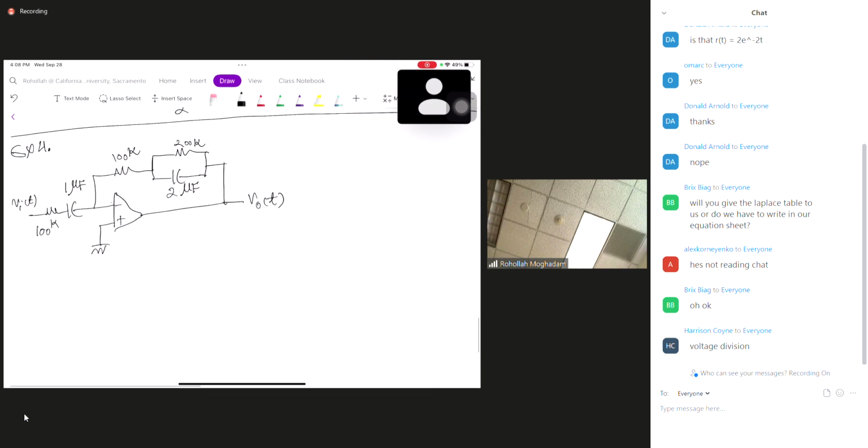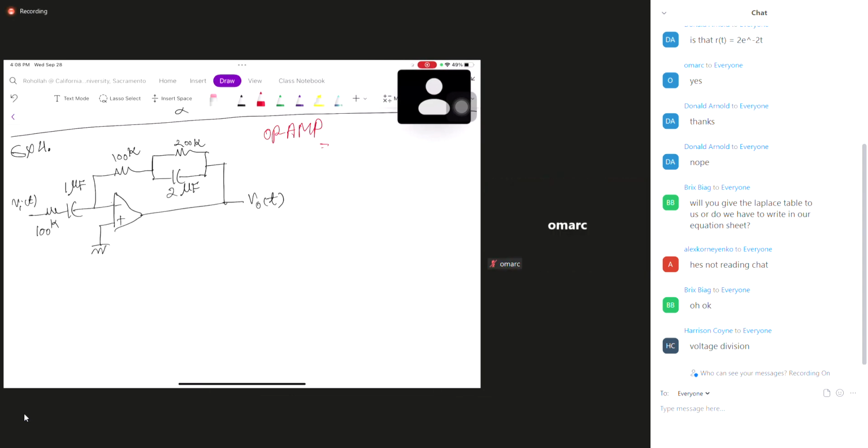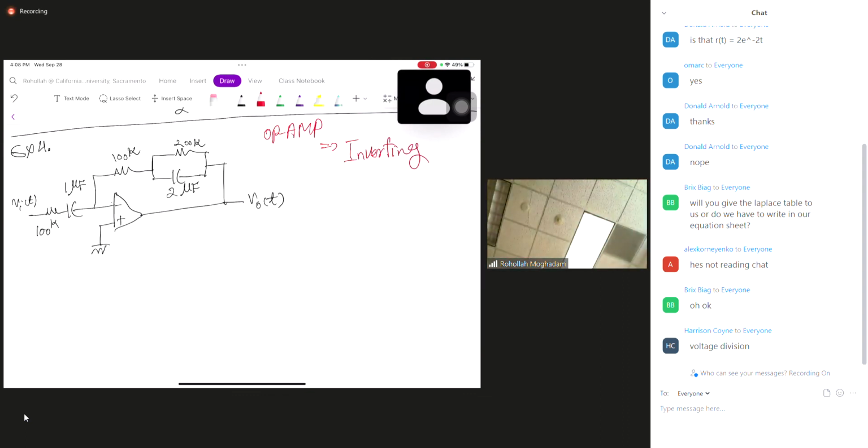This is an operational amplifier. This is an op amp. The first question: which kind of op amp is it? Inverting. Perfect. It is inverting. Keep this in mind. If you don't recognize the correct configuration of op amp, you will get the wrong transfer function, right?